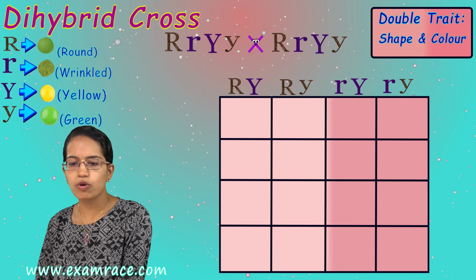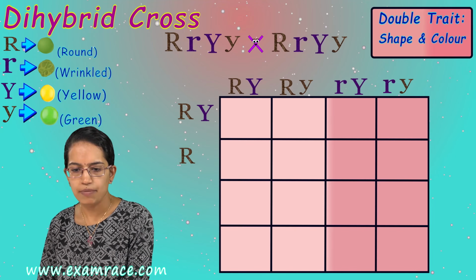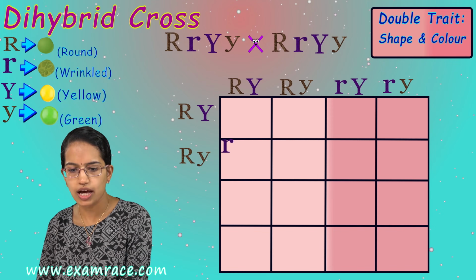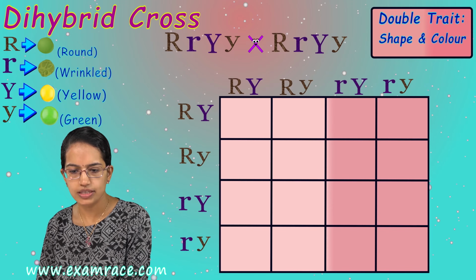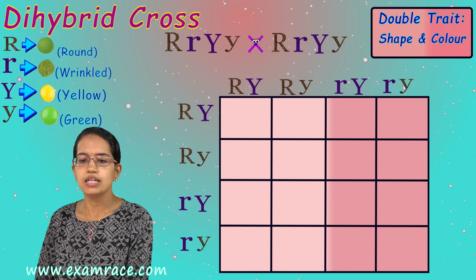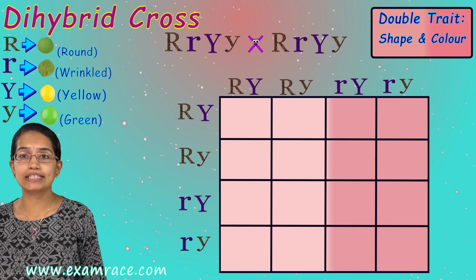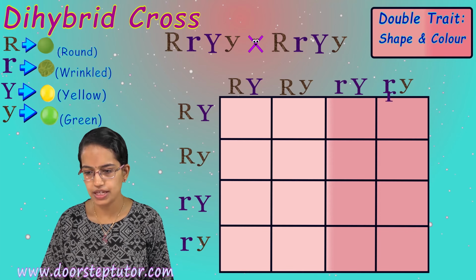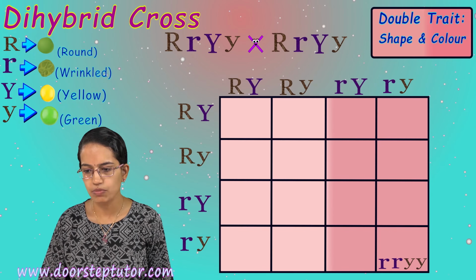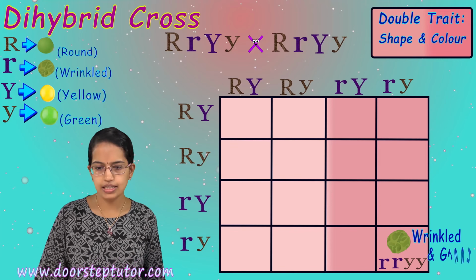And here the traits would again be capital R, capital Y, capital R, small r, capital Y, and small r, small y. Now when you cross this, how many conditions would you get? You would get 16 different conditions. Of this, only one condition would be small r, small r, small y, small y, and this is the wrinkled and green condition.